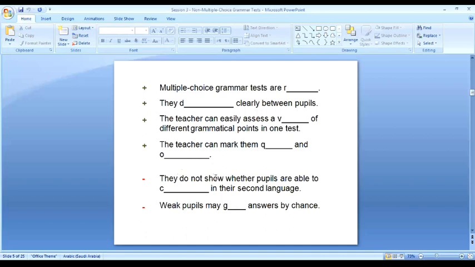They do not show whether pupils are able to communicate in their second language. This is a disadvantage, a negative. Weak pupils may guess answers by chance. So those are advantages and disadvantages of multiple choice grammar tests.